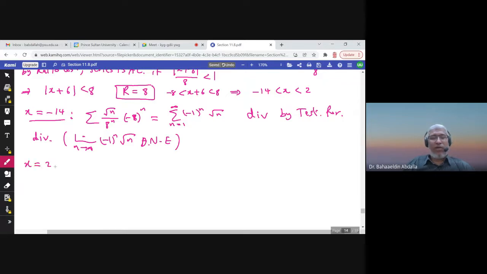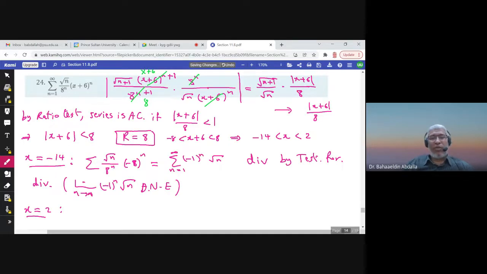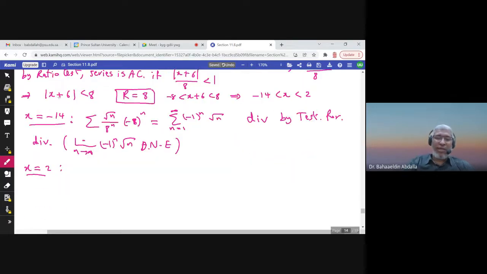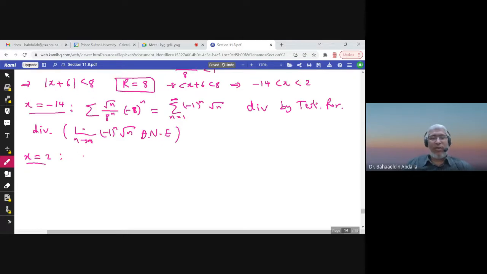The other value is 2. When I replace x by 2, 2 plus 6, 8 to the power n will be cancelled with 8 to the power n. And I will just have this series, which is divergent by test for divergence, because the limit of a_n, which is square root of n here, is infinity.